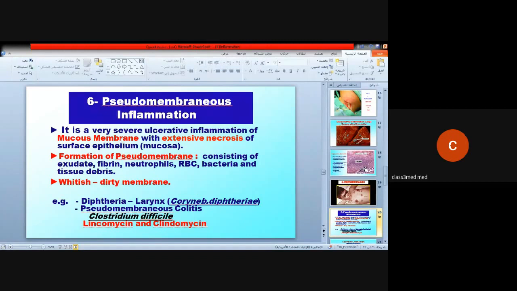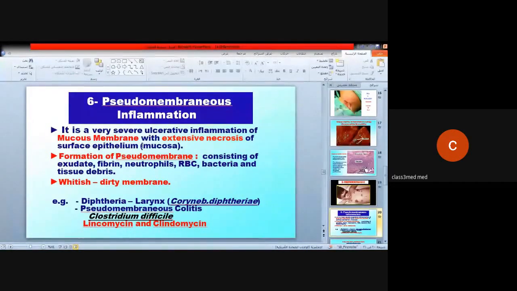Pay attention to the expression. If the mucous membrane has mild inflammation, we call it catarrhal inflammation. If it is very severe inflammation with ulceration, we call it pseudomembranous inflammation, with excessive necrosis of the surface epithelium such as the mucosa of the GIT or any other mucosa in the body.